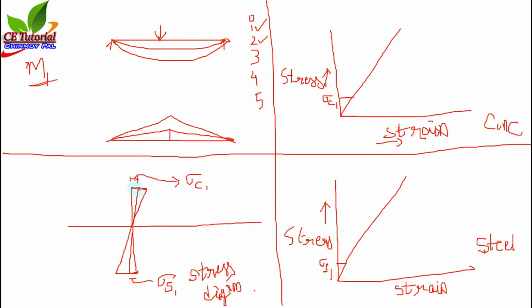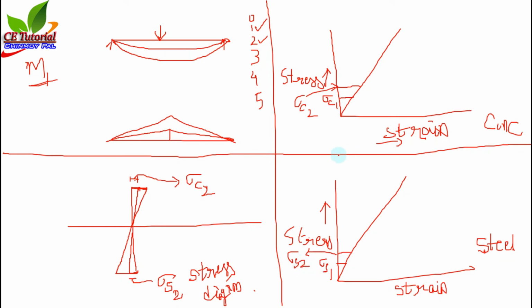That means the bottommost and topmost fiber have the maximum stress. Now suppose this is sigma C2 and this is sigma S2. Okay, and in concrete, suppose this is sigma C2 and this is sigma S2.